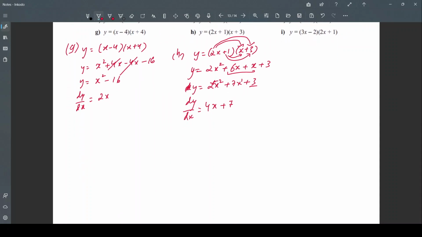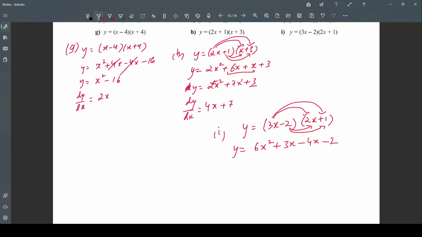The last part we will do on this page, y equals 3x minus 2, 2x plus 1. If I expand this one, it should give me 6x square plus 3x, it should be minus actually, minus 4x minus 2, since 2 times 1 is 2 with minus sign.